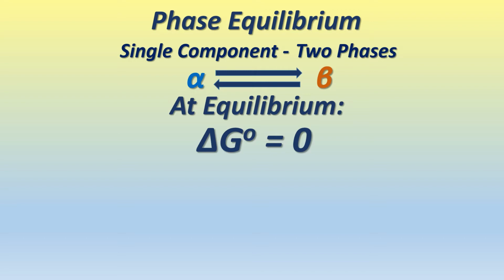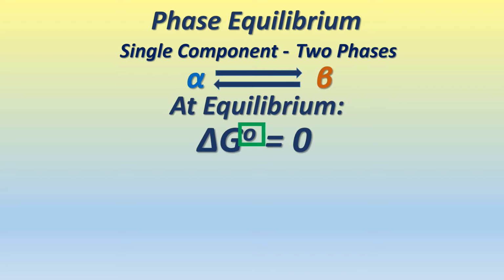The Gibbs free energy defines what is spontaneous and what is not spontaneous. A process is spontaneous going forward if delta G is negative. It's spontaneous going in reverse if delta G is positive. So if the forward and reverse directions are equally probable, you get a delta G of 0.